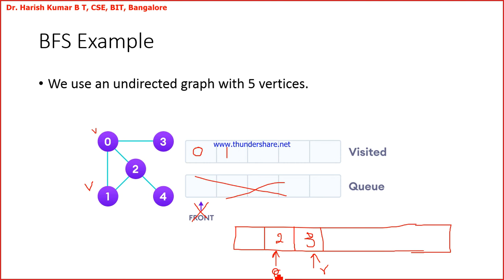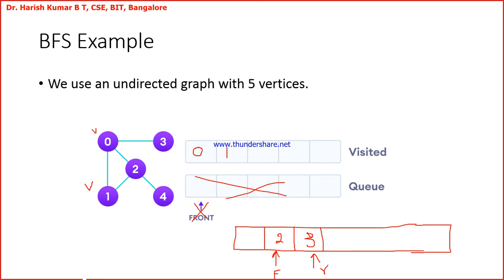Since I visited 1 right now, next I should go for finding the adjacent nodes of 1. What are the adjacent nodes of 1? It is 0 and 2, but 0 is already visited and 2 is already there in the queue.